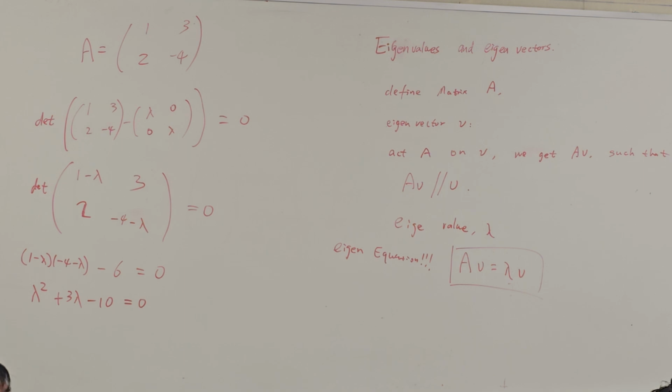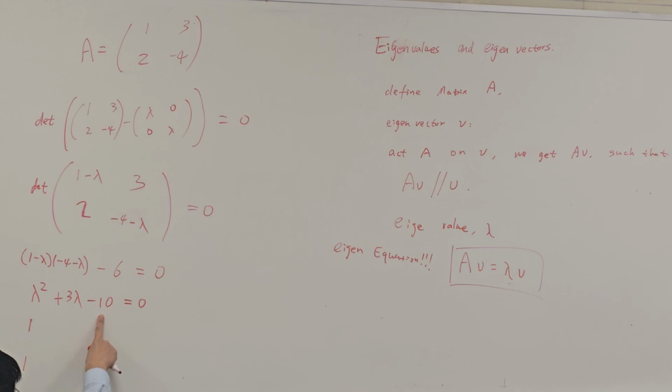So it's a quadratic equation. You know how to solve a quadratic equation, right? I designed the numbers to make it simple for me. The thing I like to do most is factorization. So it's a minus 10.